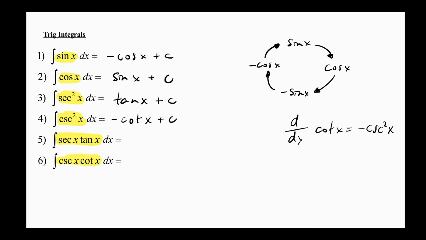Okay, secant squared tangent. Secant x tangent x. Where did that come from? Yep, that was the derivative of secant. So the antiderivative of that is secant. Last one, cosecant cotangent. Which one is that going to be?